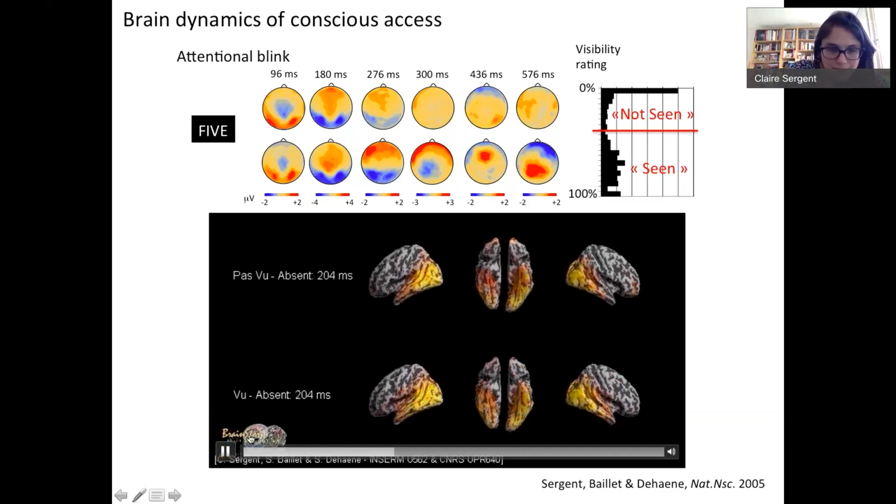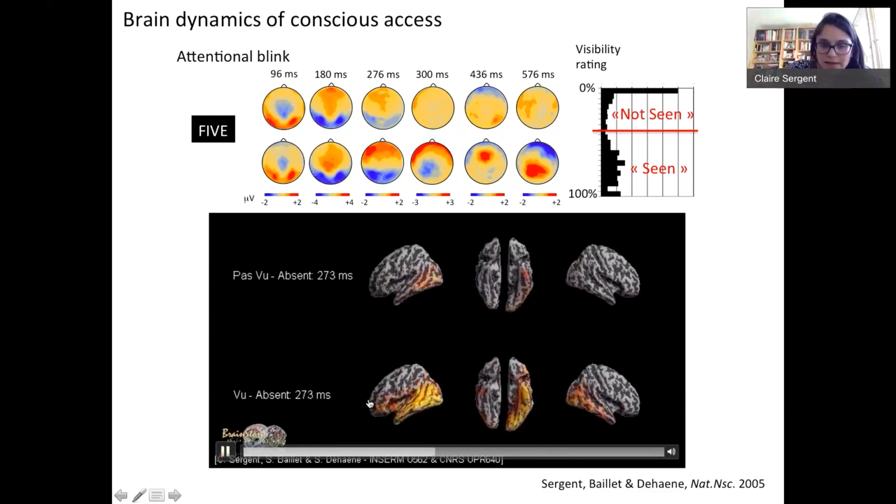And then suddenly around 250 milliseconds, we see this divergence where activations, if there remain activations, are really local in not seen conditions, and they, on the contrary, seem to grow and maybe start to invade parietal and frontal areas when people have seen the stimulus.